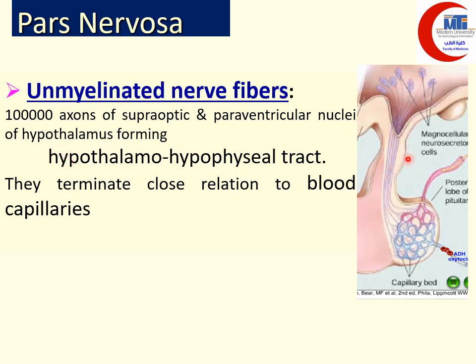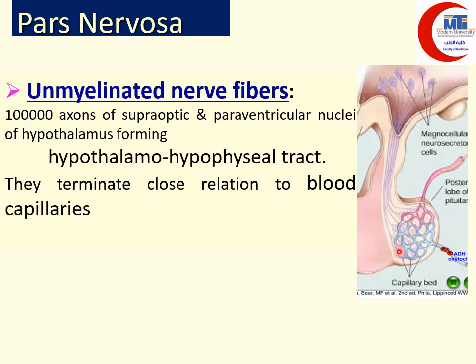Axons of these nuclei or these cells descend downward to the pars nervosa to form a tract called the hypothalamo-hypophyseal tract. As the pituitary gland is called the hypophysis cerebri, this tract is called the hypothalamo-hypophyseal tract.